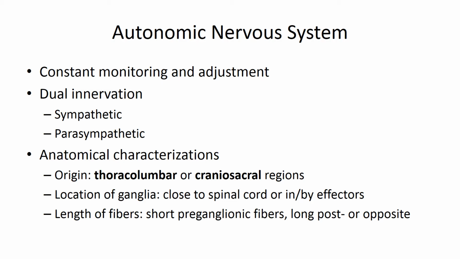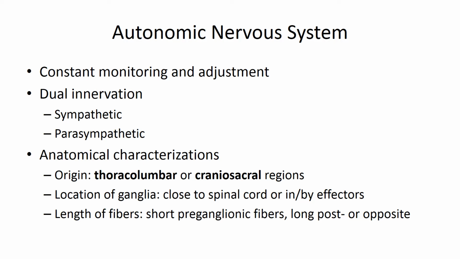Now, the preganglionic neurons, as you will see, always use acetylcholine, but the postganglionic neurons can use acetylcholine or adrenaline. Norepinephrine and epinephrine effect will vary according to the target tissue.